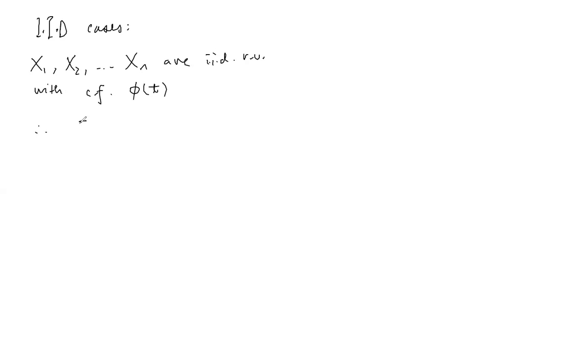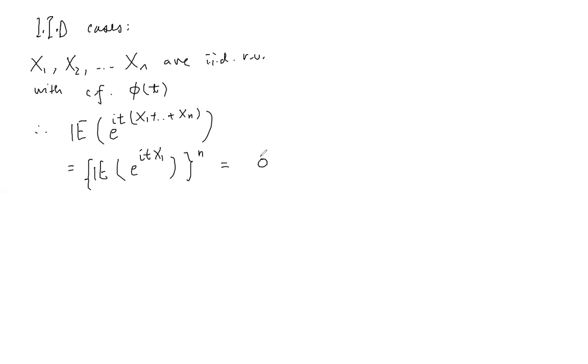Therefore the characteristic function of their sum is equal to E of e to the i t X1, raised to the power n. So basically this will be phi t raised to the power n.